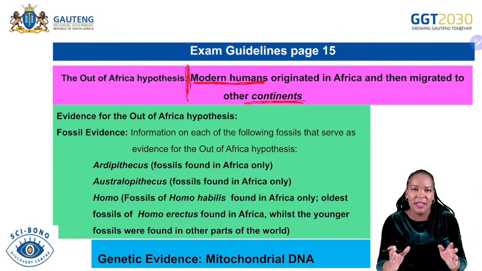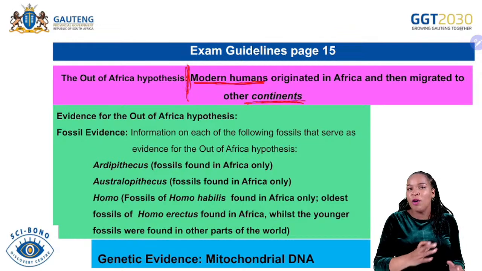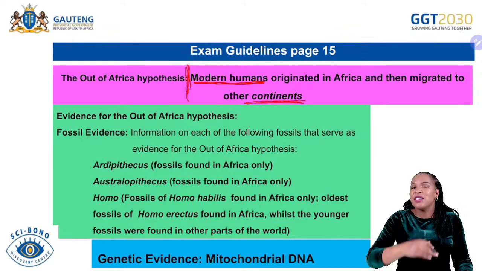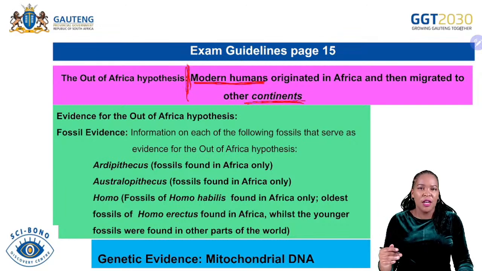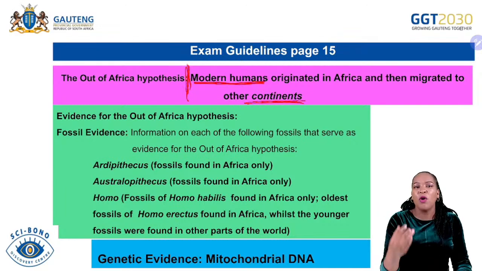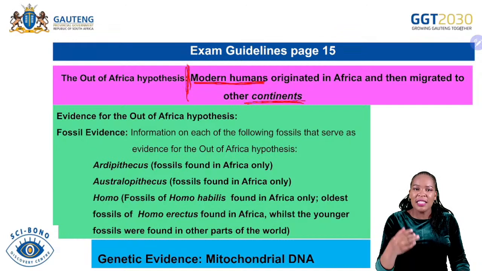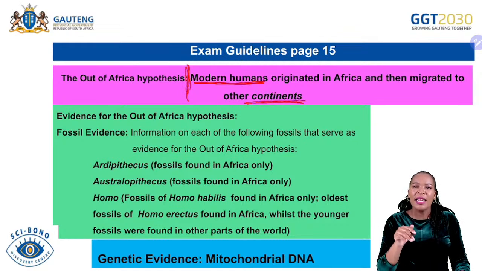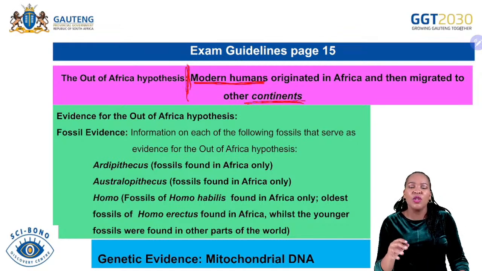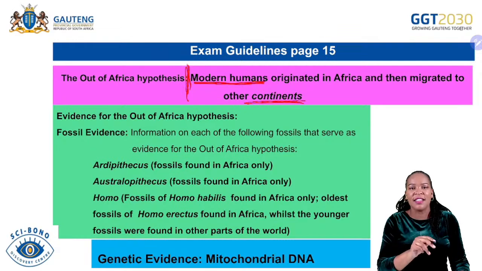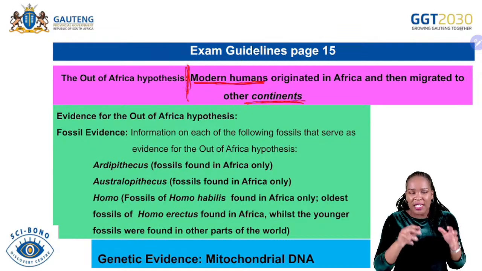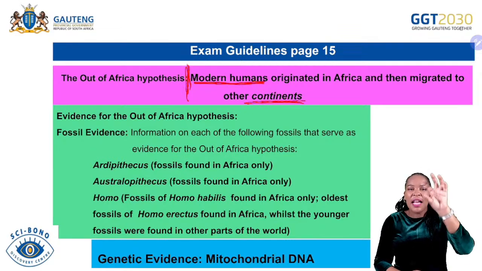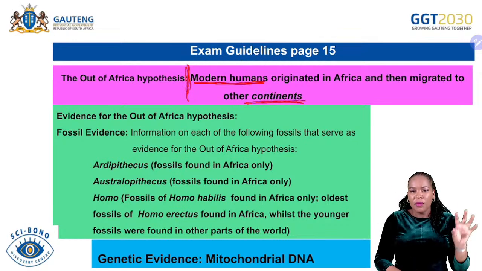That's what it says. So they have some form of evidence they use to support this theory. Remember, a theory follows a scientific process. So because you have to support your theory, you must give us some form of evidence which you use to support your theory. Now, this theory, what is it that the scientists use to support the fact that they say that modern humans originated in Africa, but then migrated to other continents?